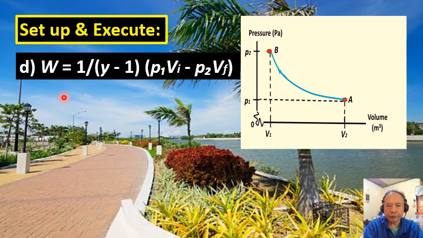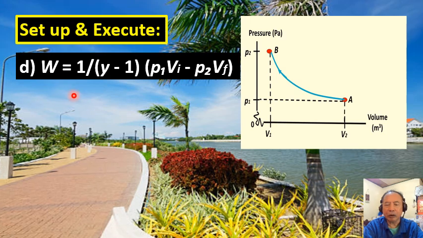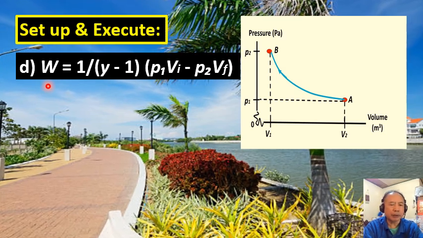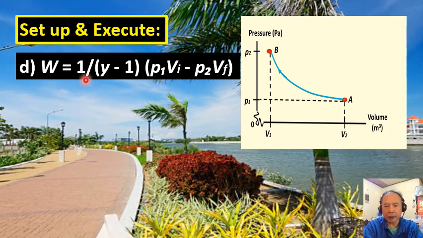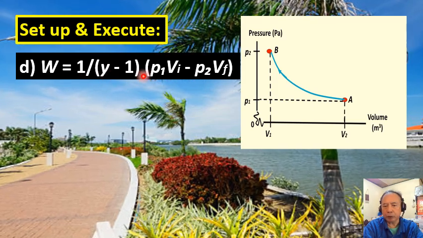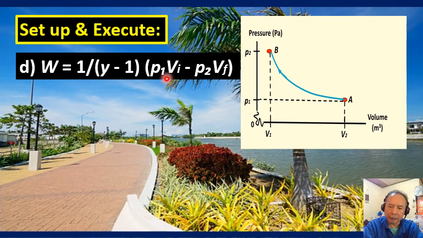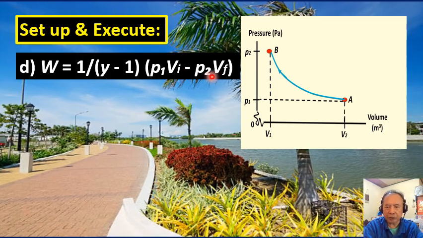In part D, we are to determine the amount of the work done on the system, denoted by capital W, using this formula. Work done equals the reciprocal of gamma minus 1 multiplied by P sub 1 times V initial minus P sub 2 times V final.